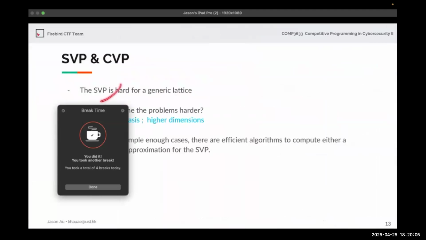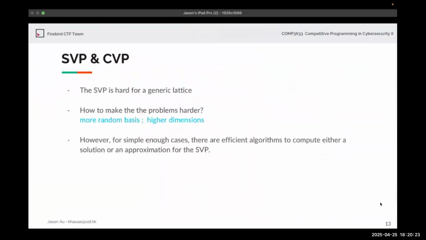The shortest vector problem should be hard for a generic lattice. So how to make it harder? Just give a more random, more parallel, longer basis, and use it in a higher dimension space. In the examples we use 2 or 3 dimensions, but in cryptography we may use 1000 dimensions to do the encryption.